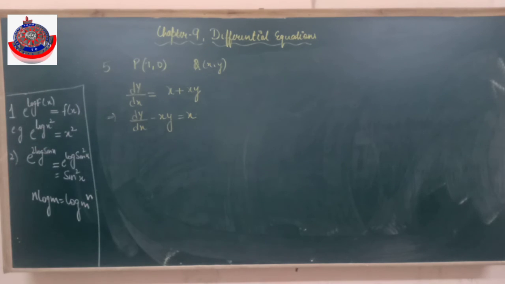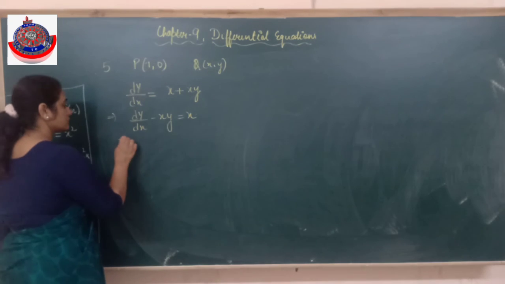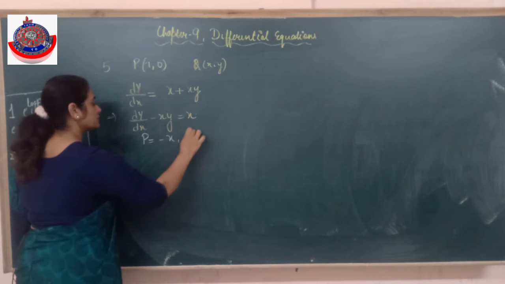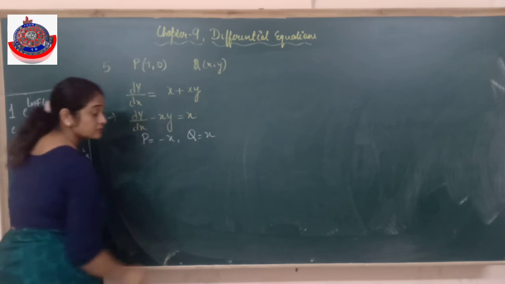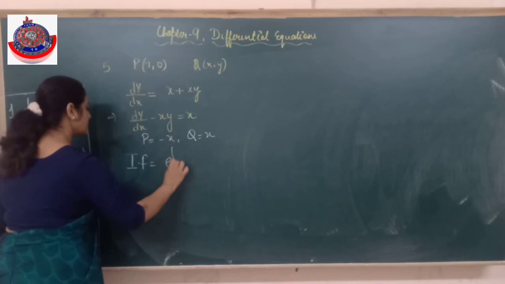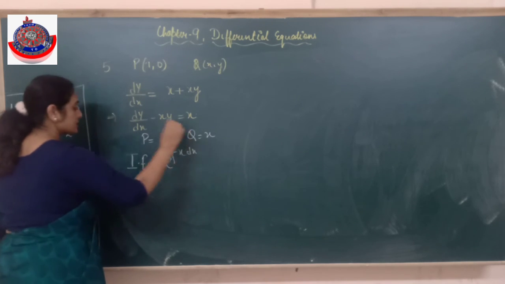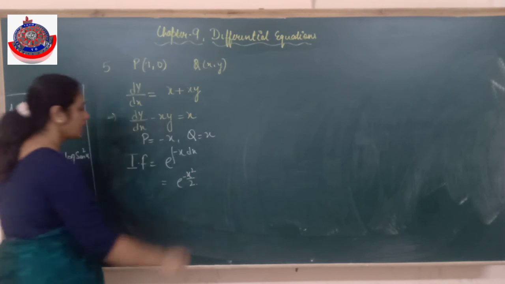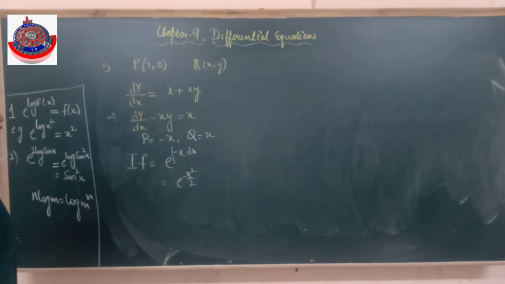So what is P? Q. Solve it. Find the integral factor. Integration of P with respect to x. E raised to power minus x square by 2.